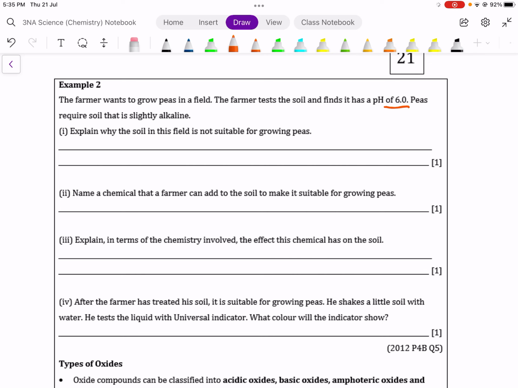So you say that the soil's pH is 6, which is acidic, hence not suitable for growing peas that require slightly alkaline soil.